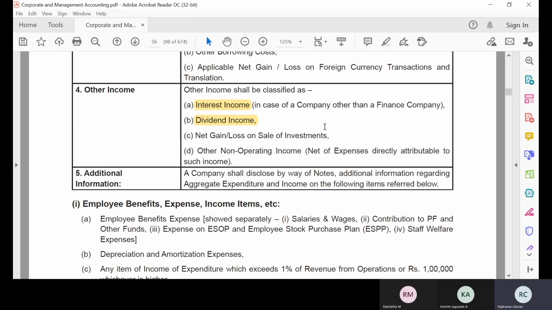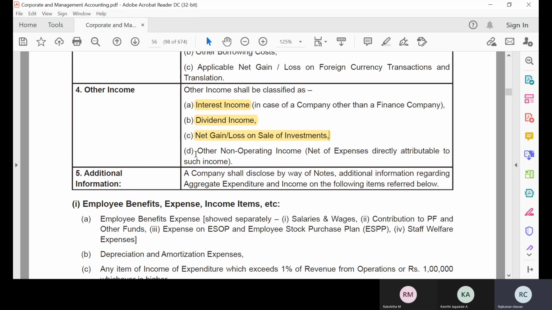Next, net gain or loss on sale of investment. If you have sold any investment, securities, bonds, government securities, those are your investments. If you have sold that investment and you get some gain or loss on it, even that is considered other income.